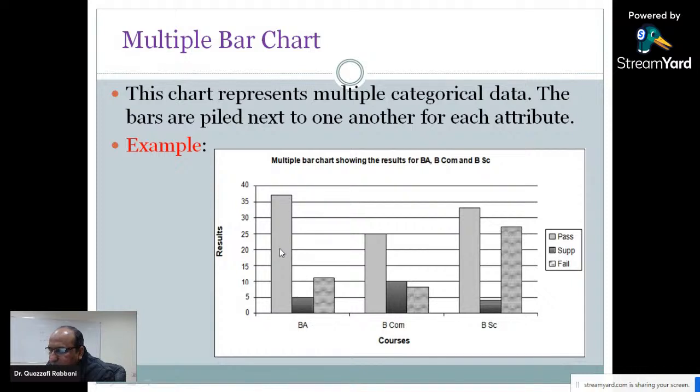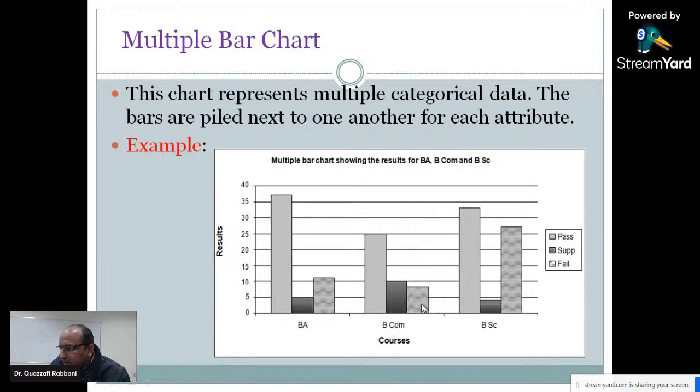So from this bar you can say the pass students for BA is more than 35. I think from the earlier slides it was like 37 or 38 students of BA who passed. So this tabular form can be presented in a multiple bar diagram like this.